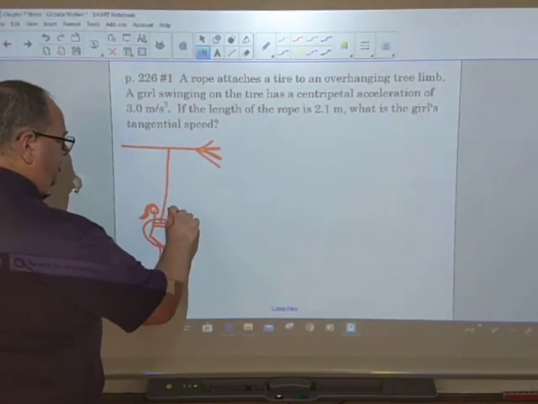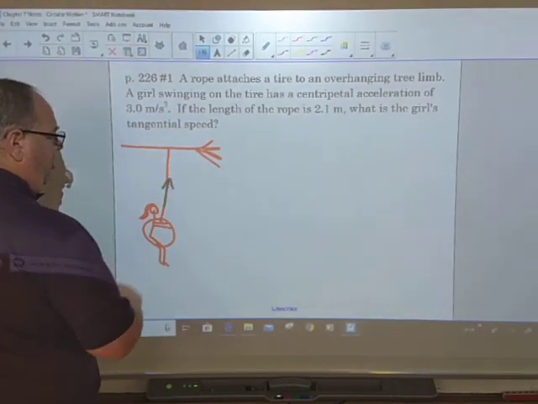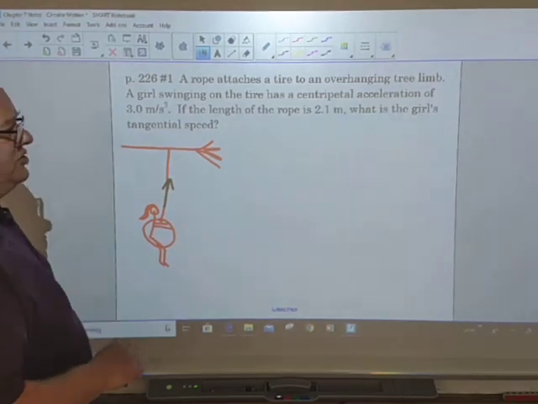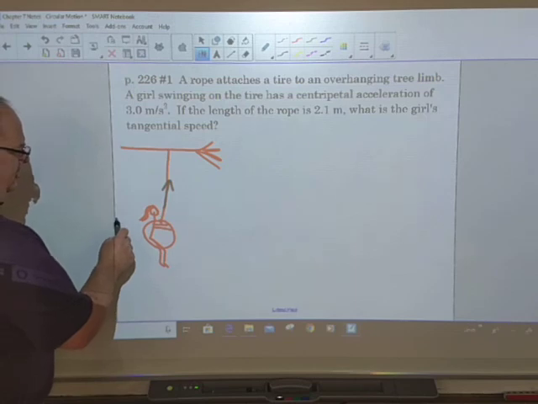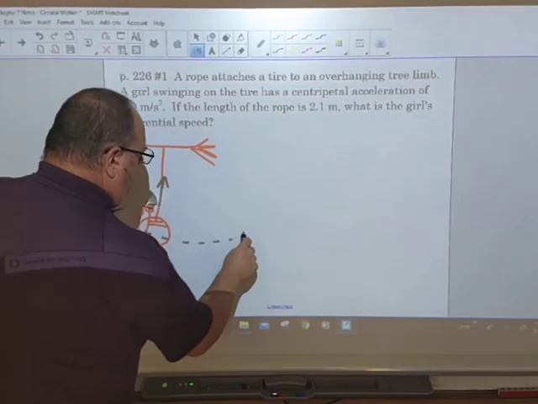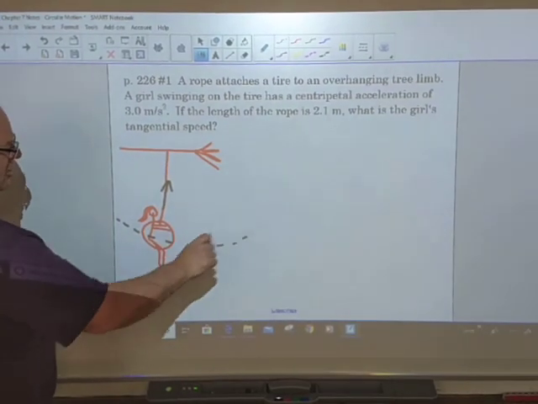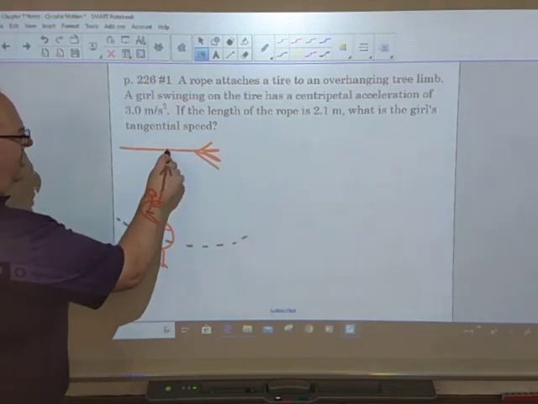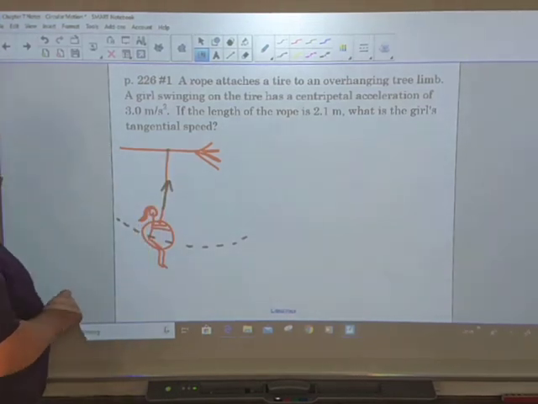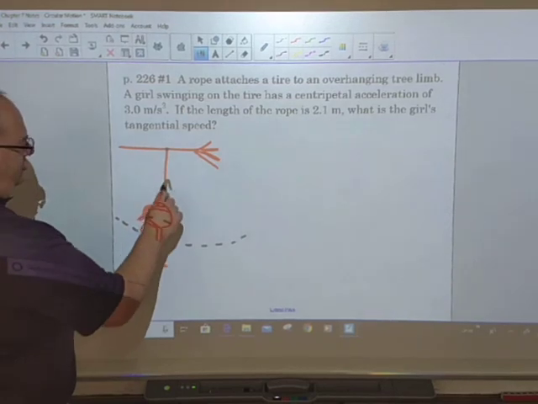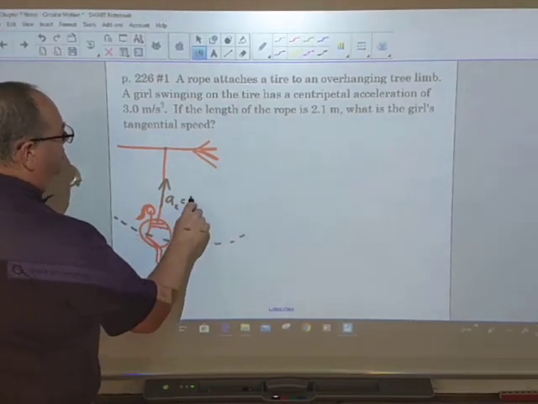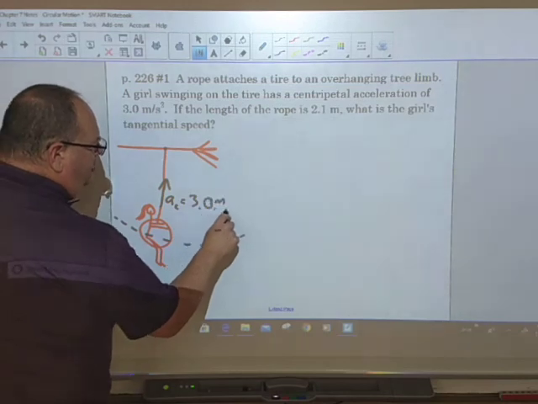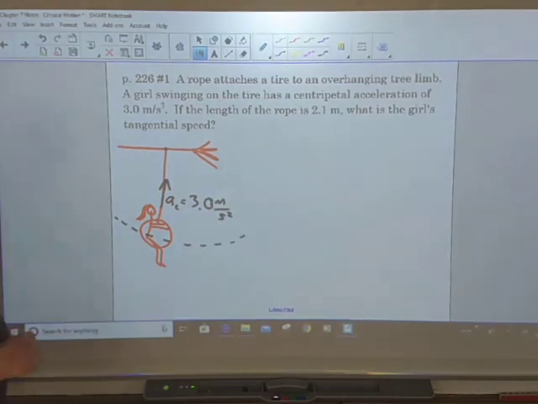Okay, so we know that the centripetal acceleration is directed towards the center. So we got to think about our path. The tire swings along this curve and the center is there. So our centripetal acceleration is directed that way, 3.0 meters per second squared.